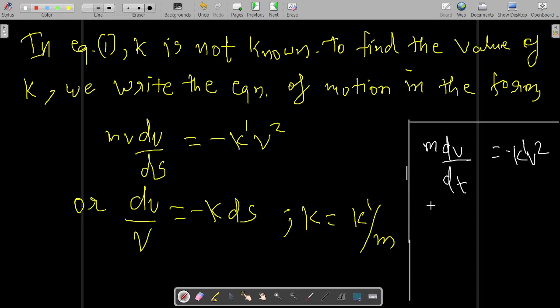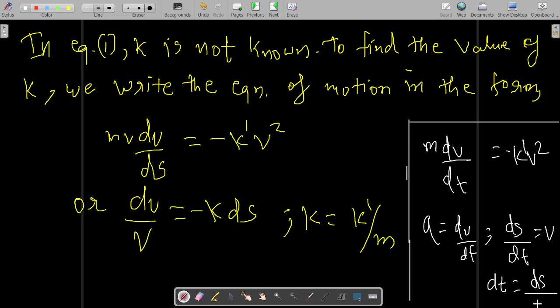Now acceleration is equal to dv by dt, we know this very well, and ds by dt is equal to your v, right? Now just write dt like this, ds over v.